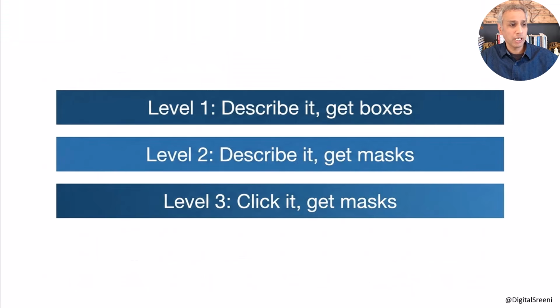I don't want to spend any more time on this specific slide. Again, there are 3 things that we're going to do. One is describe it and you get the boxes around it. Okay, that's fine. The second thing that we're going to do, in our second tutorial, is describe it and you get the mask out of it, not just the bounding box, but the actual masks. And level 3 is actually keeping it real.